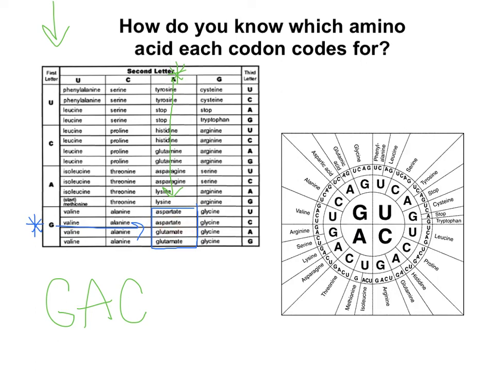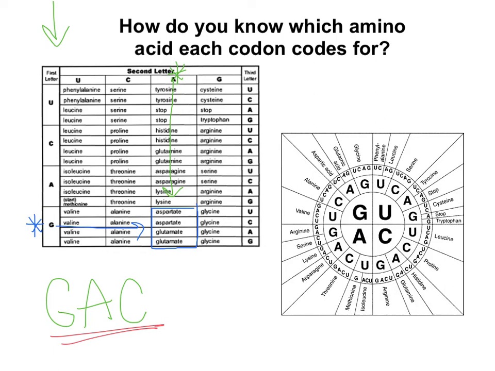So now let's take a look at the one on the right. This is called our codon wheel. I find it to be way easier than the codon chart, but to be honest, you have to know both because you could see both on any given test or assessment. So let's use our same 3 RNA bases.